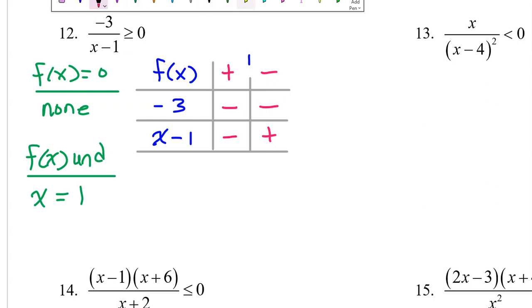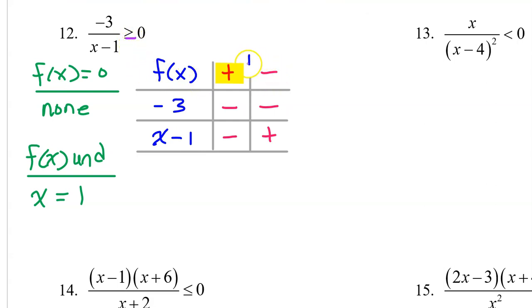We are looking for the values of x that will cause f of x to be greater than or equal to 0. So we will find solutions in the interval where f of x is positive. We will also include any values that will cause f of x to equal 0 because we want or equal to 0.